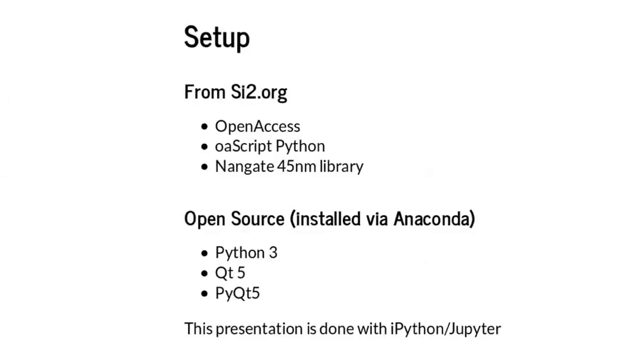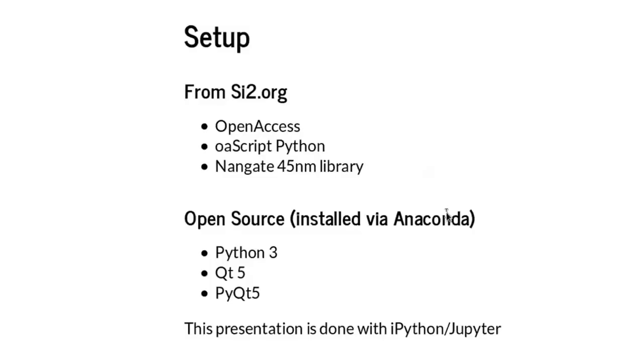Let's make an application. The first thing is I have a little virtual machine here. The setup is from si2.org. I have open access. I'm using the oaScript Python, and then I'm using the NAND 45 nanometer library. That is a free library provided by them, and that's actually good for interchanging with other sources that aren't necessarily under an NDA.